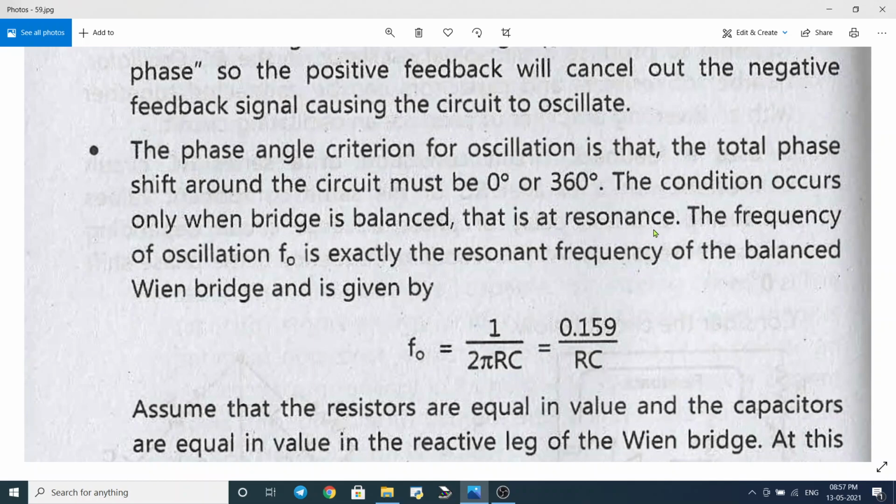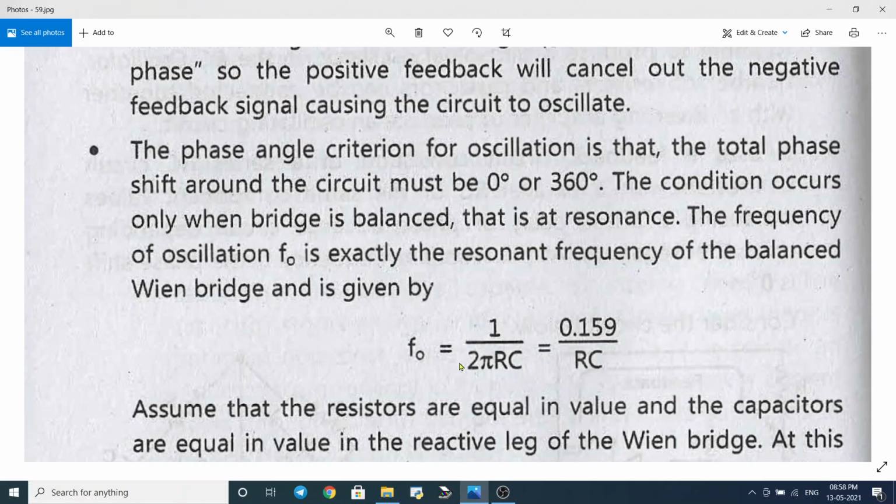At resonance means when there is a maximum amplitude of the oscillation, and the frequency of oscillation at the time of resonance, that is F0, is exactly equal to the resonant frequency of the balanced Wien bridge. It is given by F0 equals 1 upon 2 pi RC.